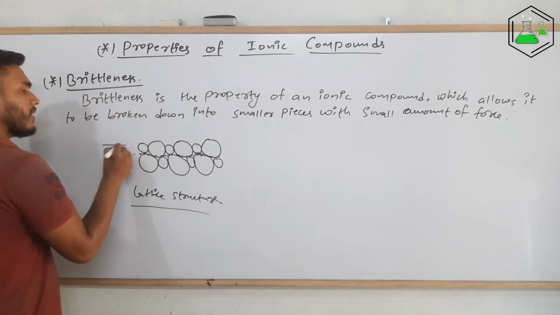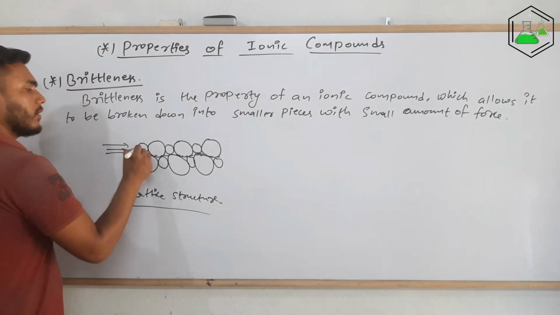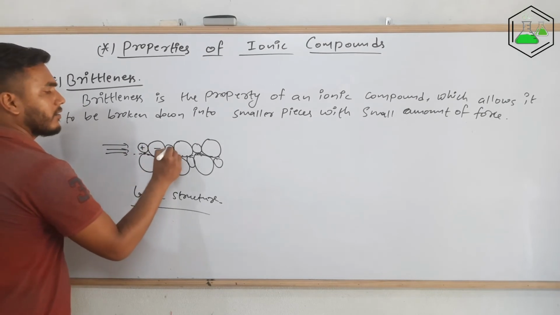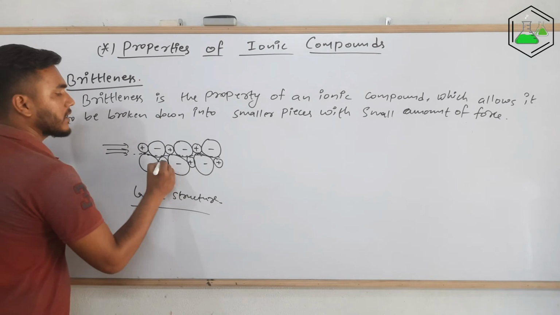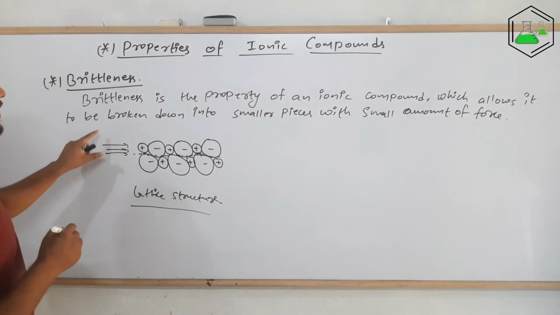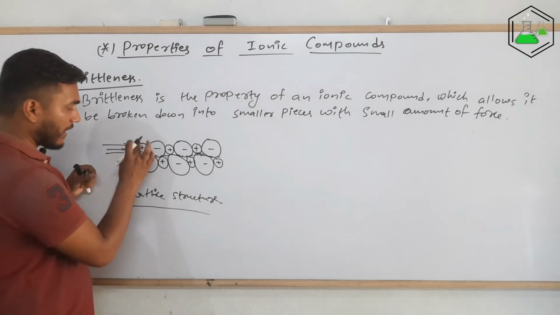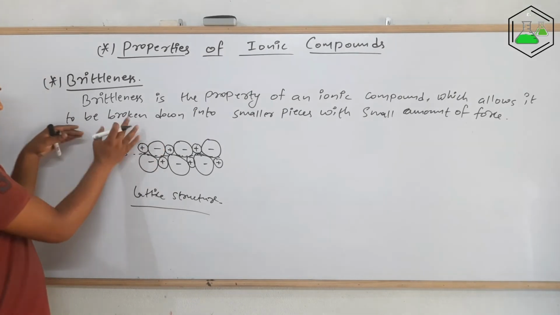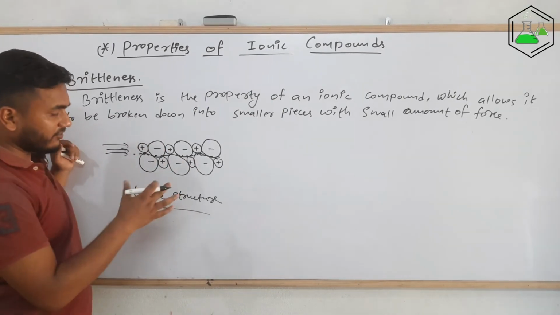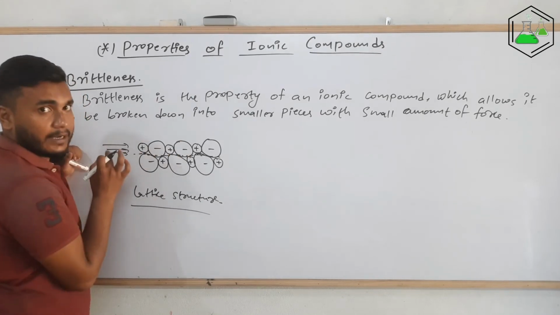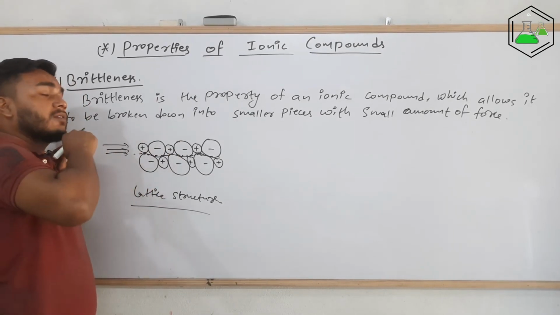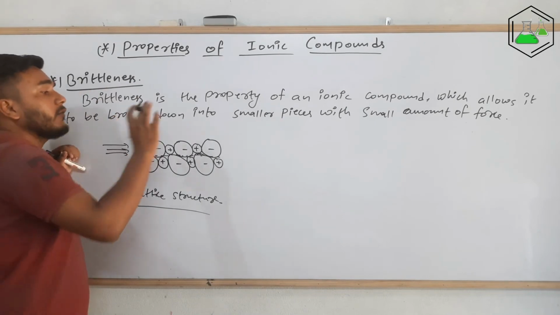Now if we apply some force from here, this is my plus, this is minus, plus minus, plus minus, plus minus. Now if we apply some force from this upside, on the upper layer of this lattice structure only, then what will happen? This will move a little bit, and they are ions, and if we are applying some force by hammering it, then it will move.